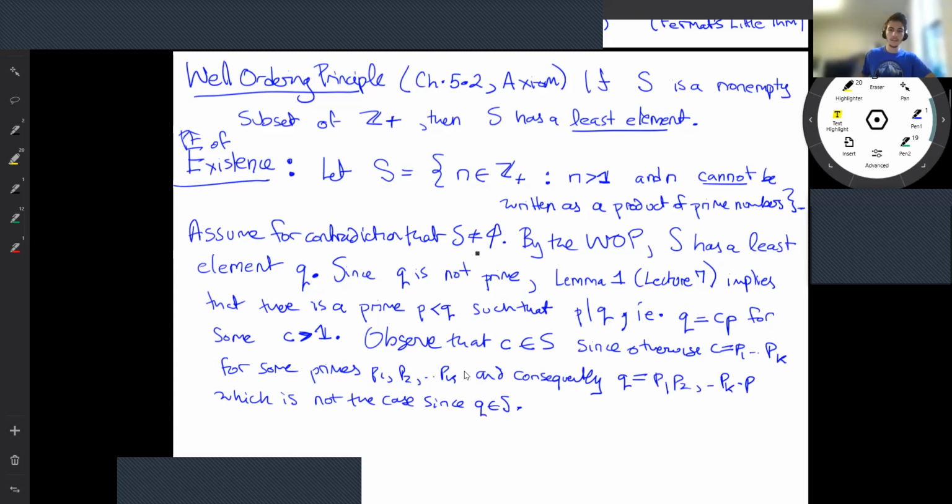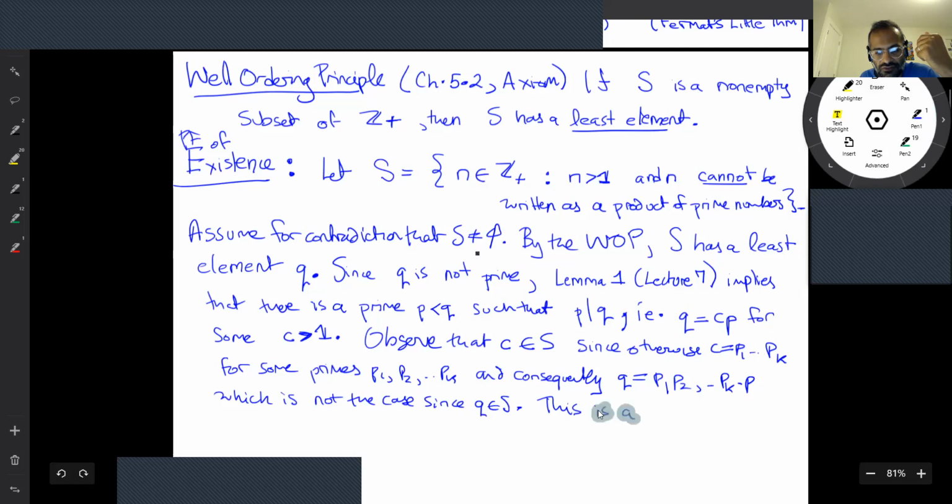C is smaller than Q. So this is a contradiction. The way we usually write this is that it contradicts the minimality of Q. So this contradicts the fact that Q was the least element.